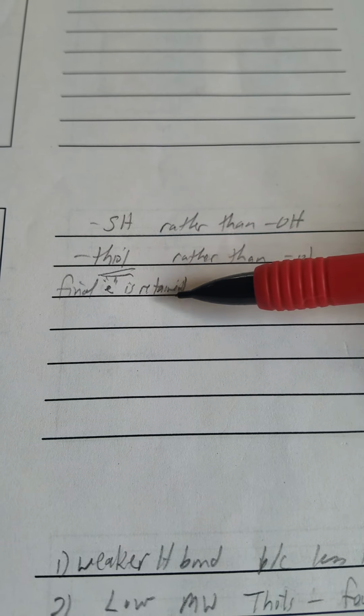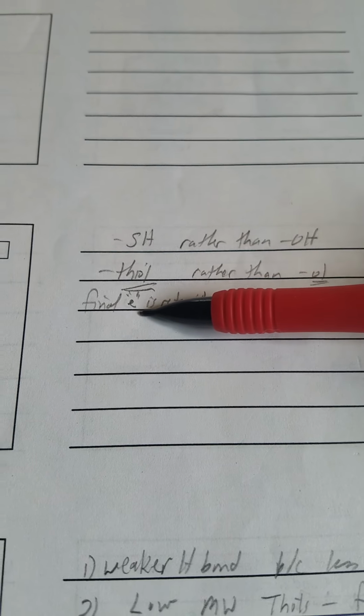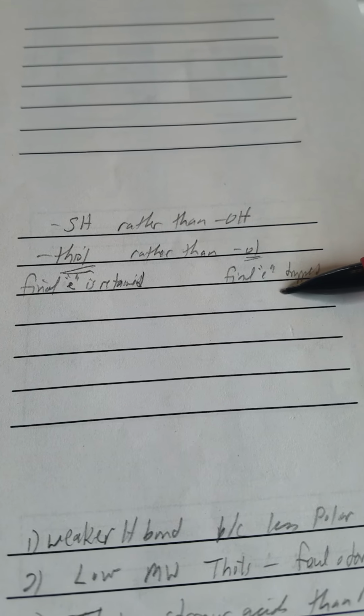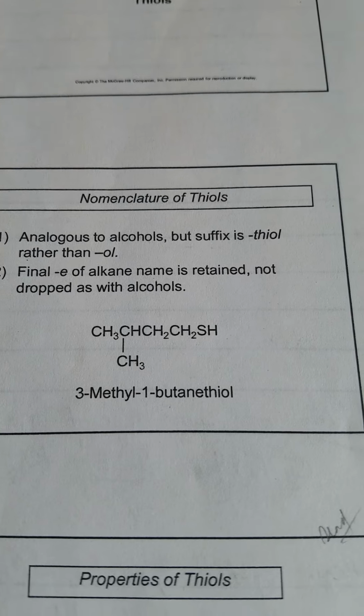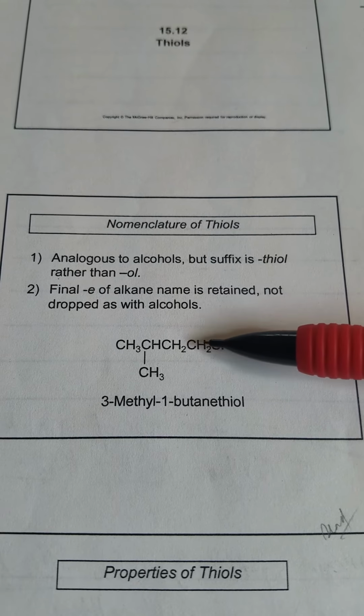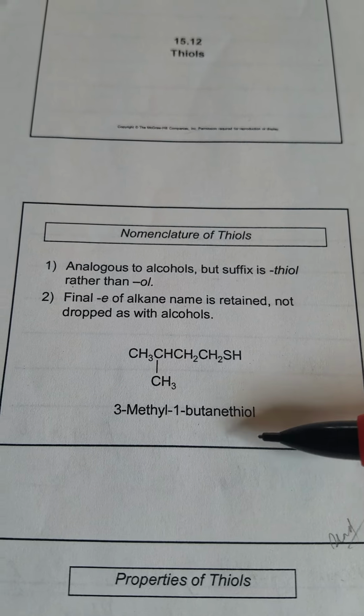When you name these, the final name of the parent does keep the E, whereas in an alcohol it is dropped. So if I'm looking, for example, at this one, this will be my first carbon, so it'll be 1, 2, 3 methyl, and then 1 butane thiol.